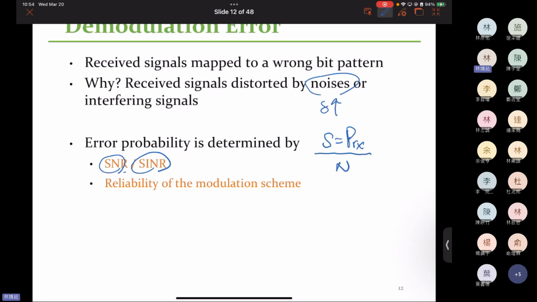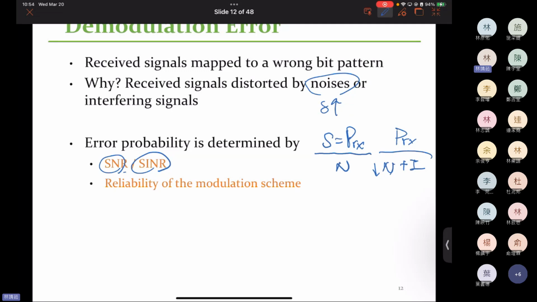And the other case is sometimes this noise might be very small, but unfortunately there are some other users sending at the same time. So you will receive some interference signal from your neighboring nodes. Your neighboring node is transmitting simultaneously, but their signal is not the signal you want, right?